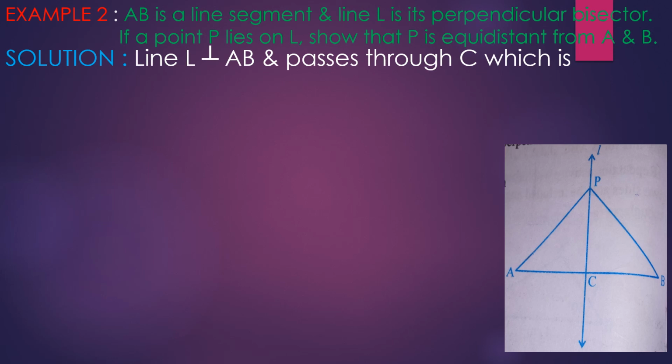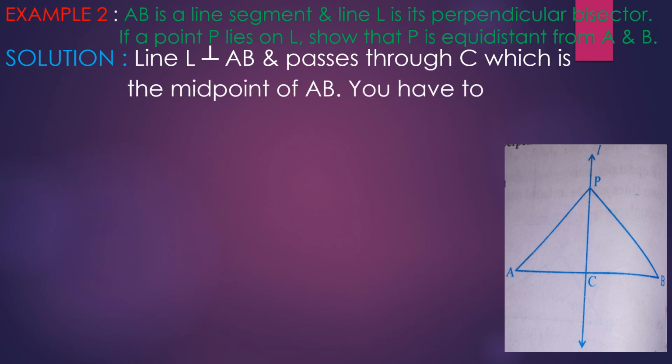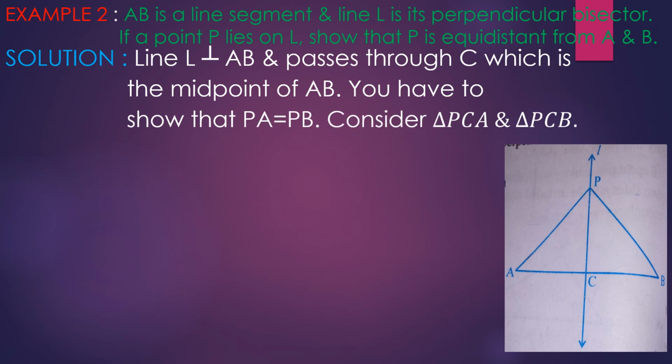Now suppose line L is perpendicular to AB and passes through the point C, which is the midpoint of AB. So you have to show that PA is equal to PB. For that, first we have to consider that there are two triangles.